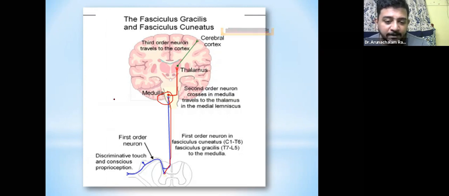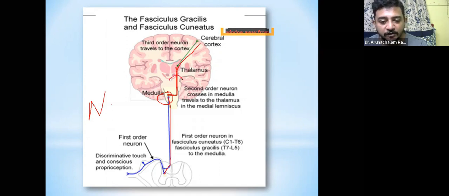In the medulla, it has the nucleus of gracilis and nucleus cuneatus. Here is the second order neuron located. From here, the information is taken to the thalamus. From the thalamus, the third order neuron carries the information to the cerebral cortex.